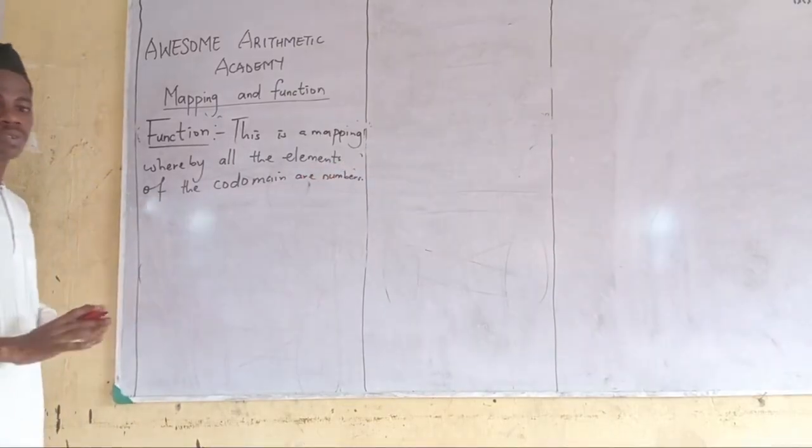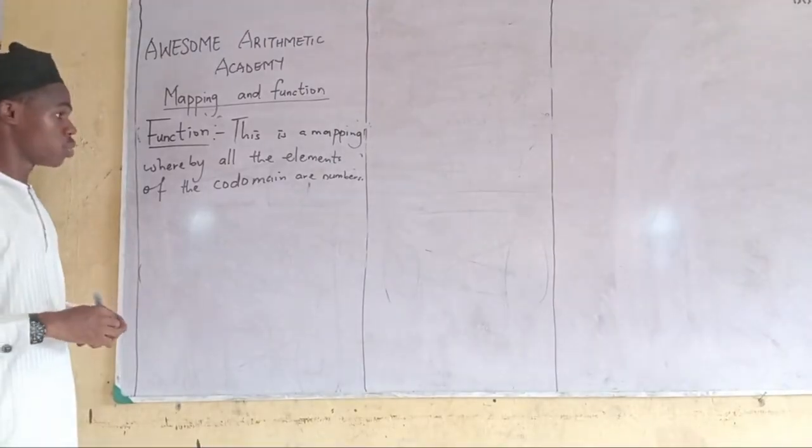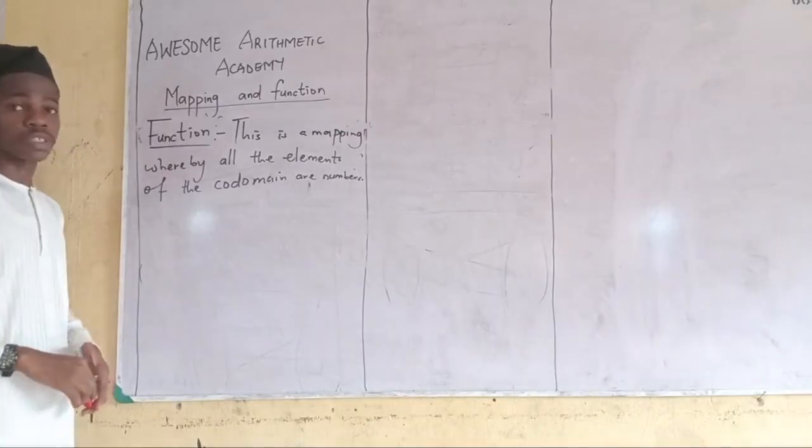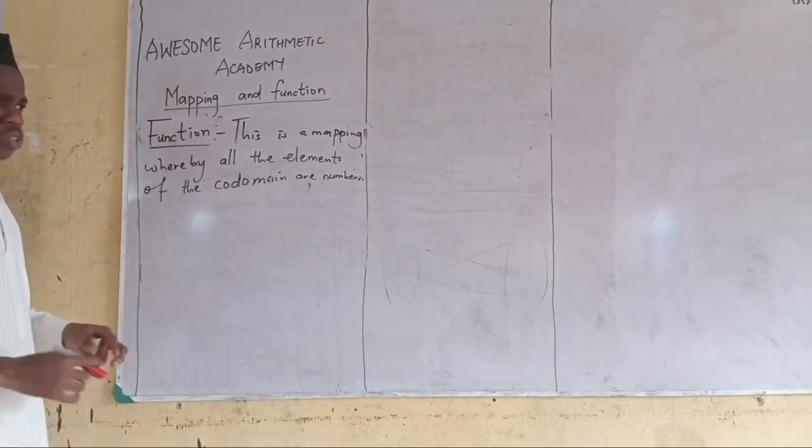And that's all. So in that case, once you've said that, you are done with the definition for function. So now let's look at some examples.